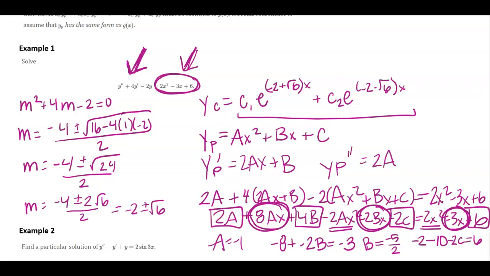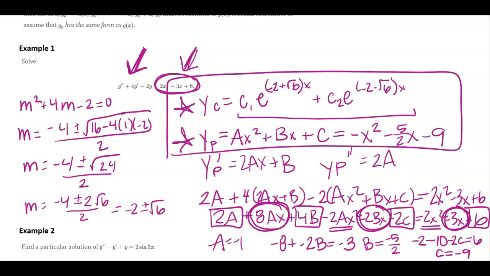So I have -12, 18, so c is going to end up giving me -9. And so here is my complementary function, and then I say that yp must then be -x squared minus 5 over 2 x minus 9. And so that's going to be my final answer for this problem.